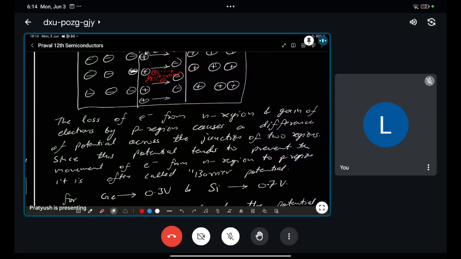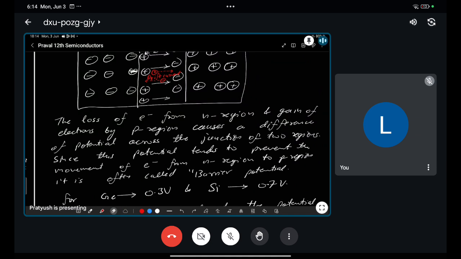Now the loss of electrons from N region and gain of electrons by P region. In P region there were holes. So electrons got inside those holes and recombined, filled those holes. So N region is losing electrons, P region is gaining electrons. Okay. Because of this, a potential difference will be created between the two regions.